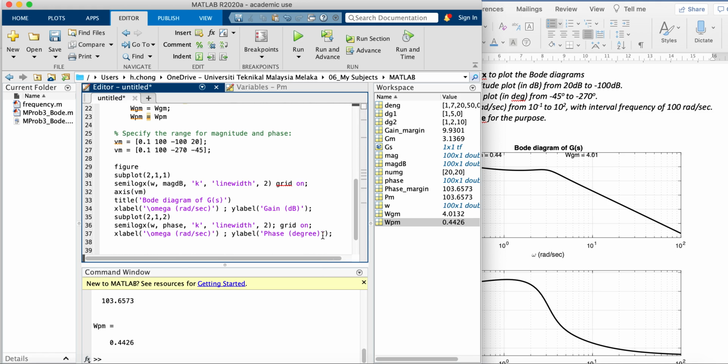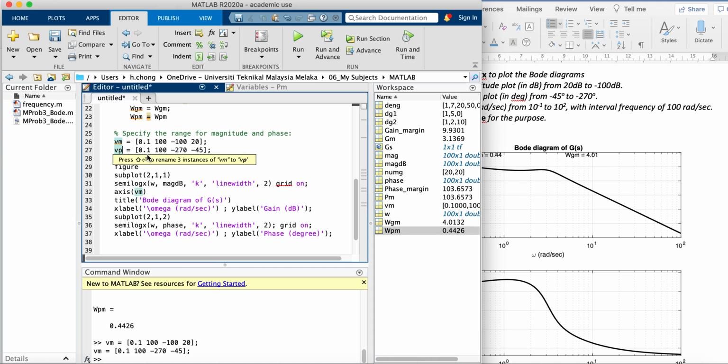Right, so I have this with me. Don't forget we have not yet run VM, so let's run this one first. Sorry, this is not VM, this is VP, I made a mistake here.